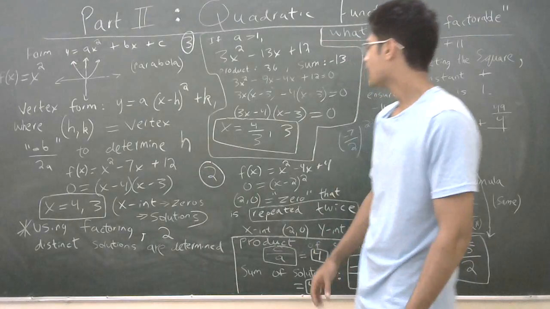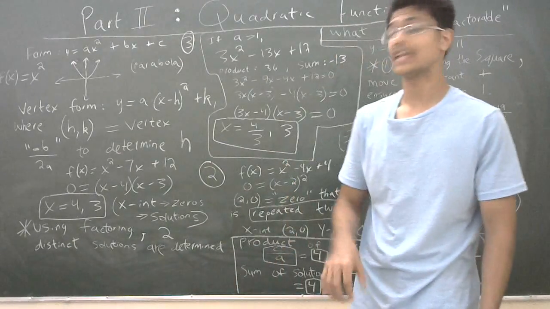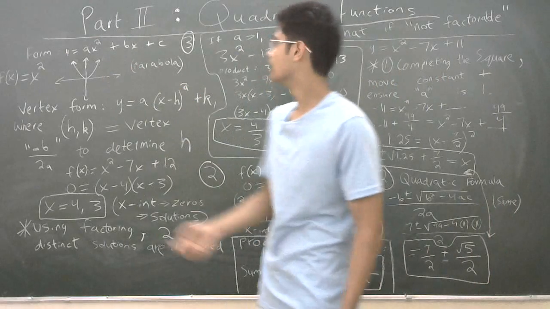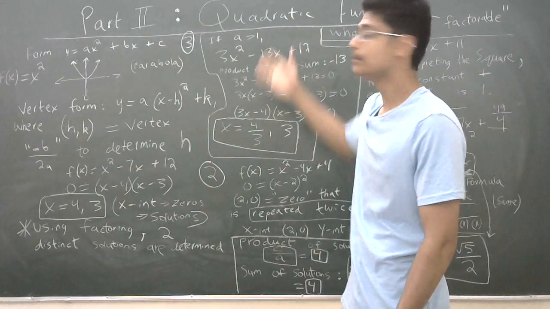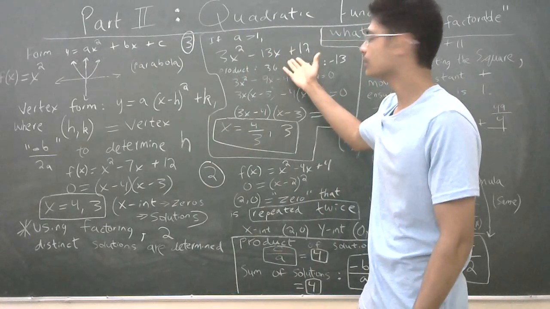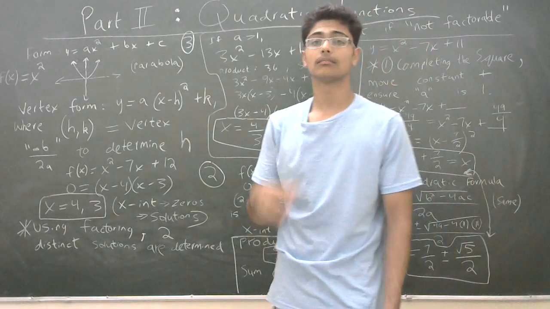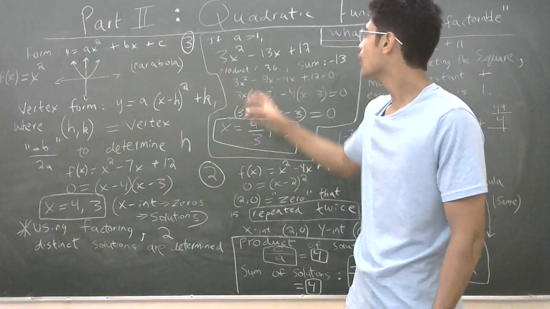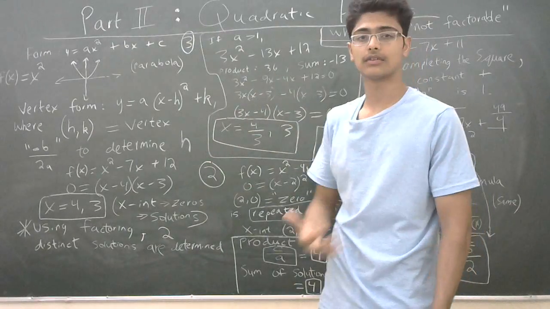Before I go into that, I want to discuss another problem where the a value can be greater than 1. For instance, if you have something like 3x squared minus 13x plus 12, you again have to look at the product of two numbers, which is 36, and the sum, which is negative 13.